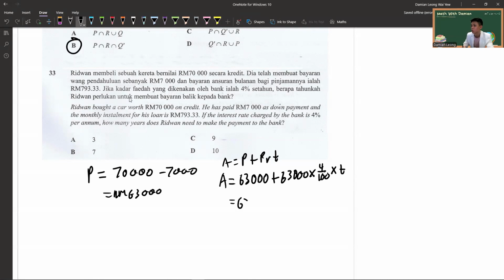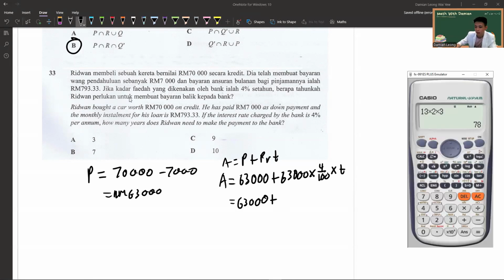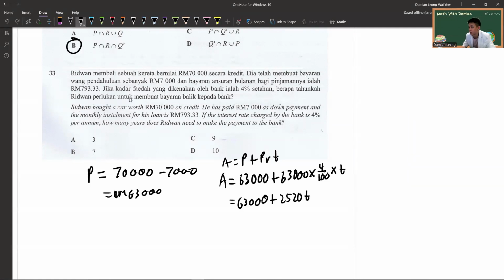So it's 63,000 plus 63,000 times 4%, which is 2520, times time. Time is the number of years. Monthly installment, I know, is 793.33. So the total amount that needs to be paid would be the monthly installment times 12 months times the number of years.